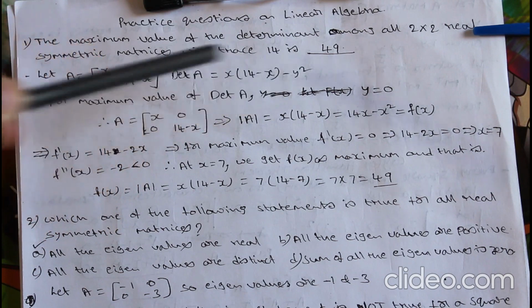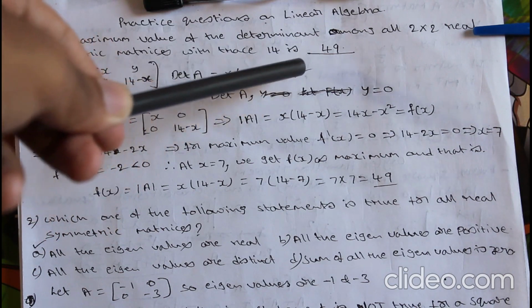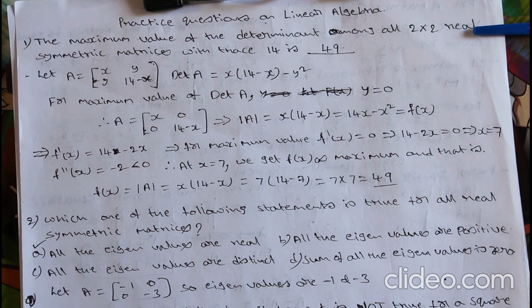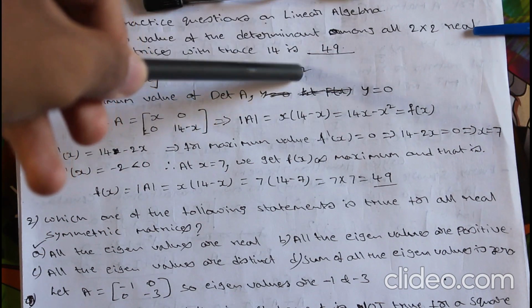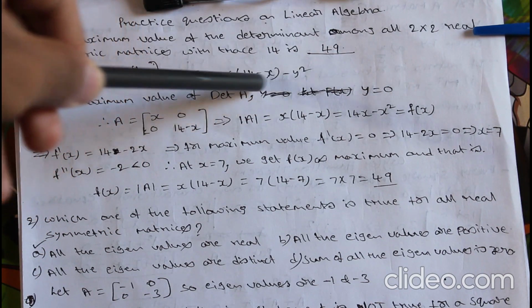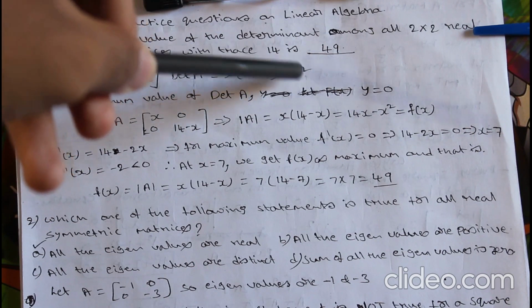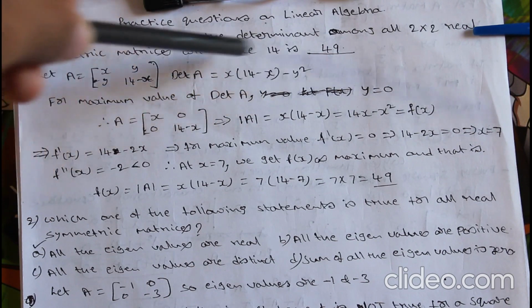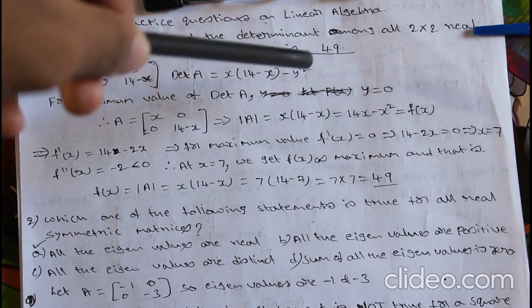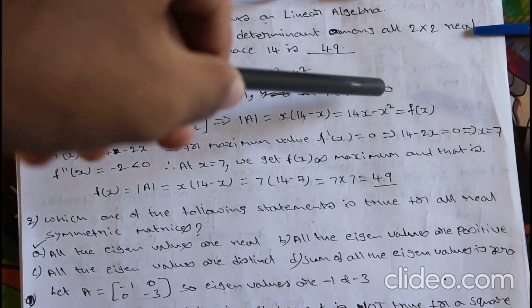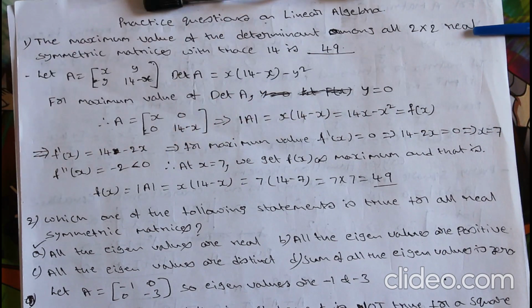In order to get the maximum value, y must be 0, because if you take minus or plus values, the subtracted quantity will be positive and the total will be reduced. So the maximum value is only possible if y is equal to 0. I hope you got the point.